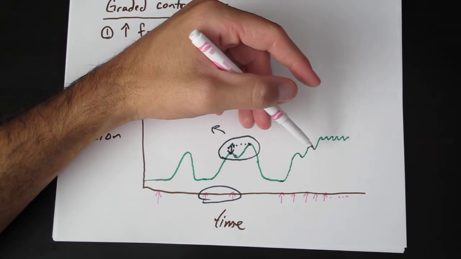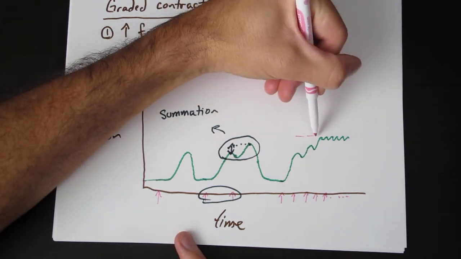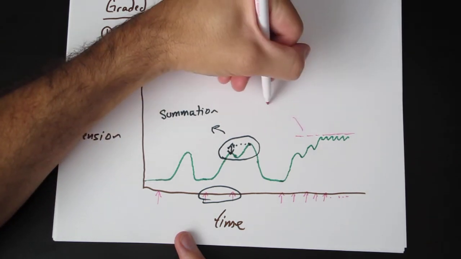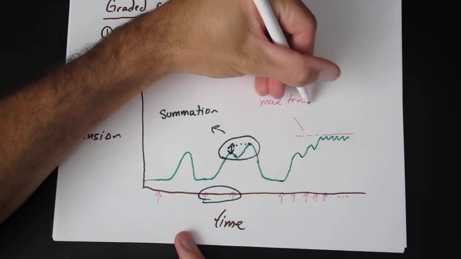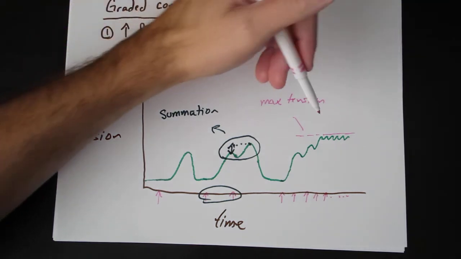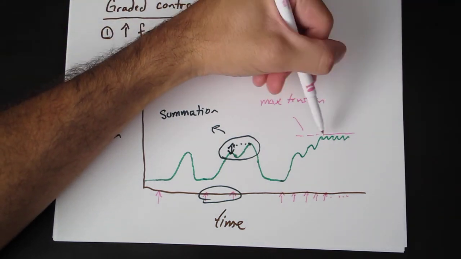Here what I'm doing is I'm stimulating it enough that I eventually reach kind of a max tension, right? For that particular muscle cell or group of muscle cells, I've reached a maximum tension. I can't go any higher than that.